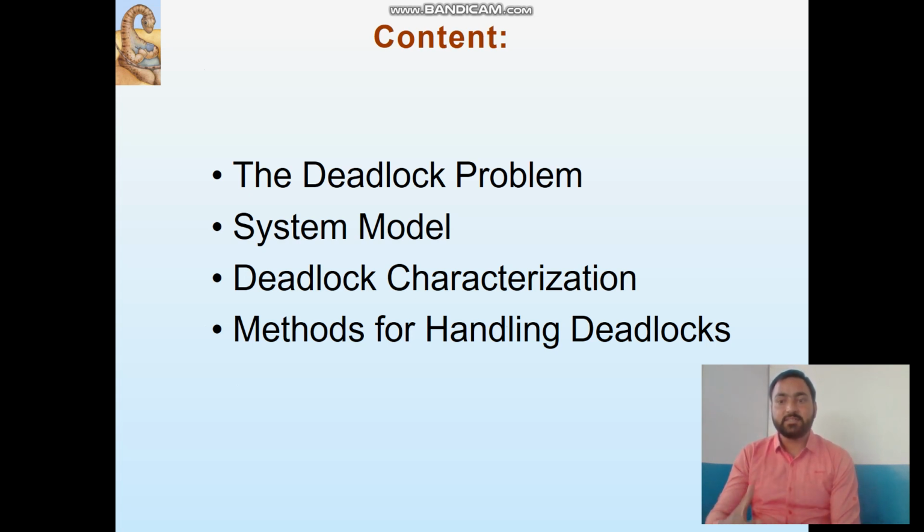Characterization means we will be discussing the characteristics of the deadlock, how deadlock happens in the system, and what are the various necessary and sufficient conditions for the deadlock to occur in the system. Then we will briefly discuss the methods of handling the deadlock in the system. So let's proceed.